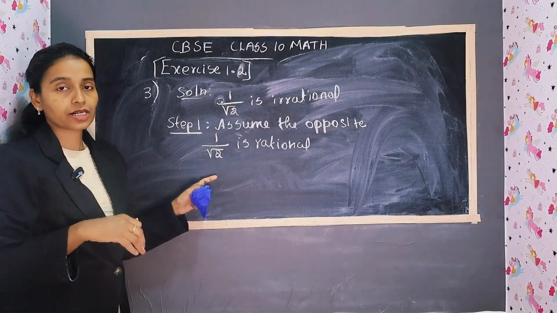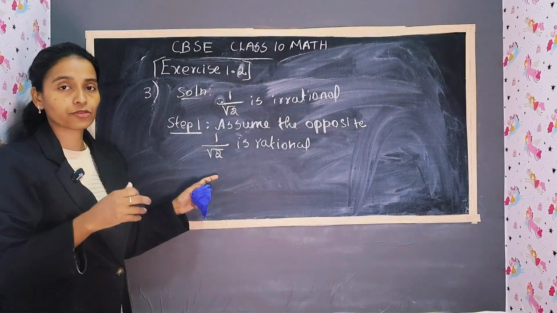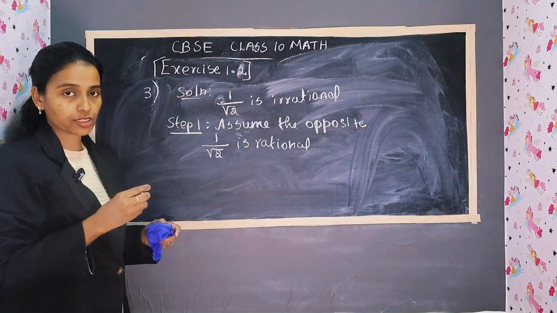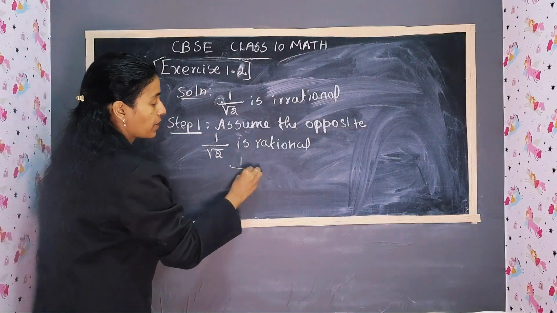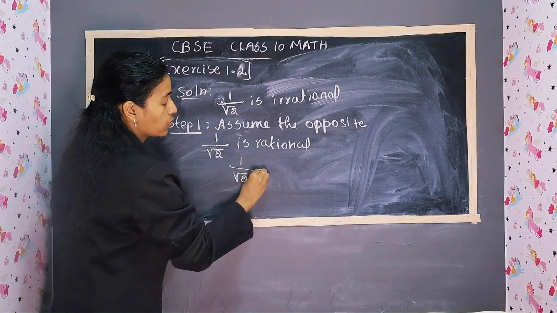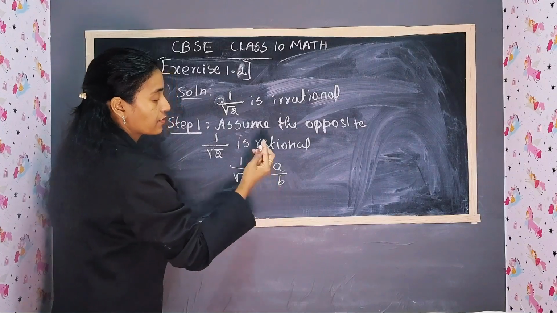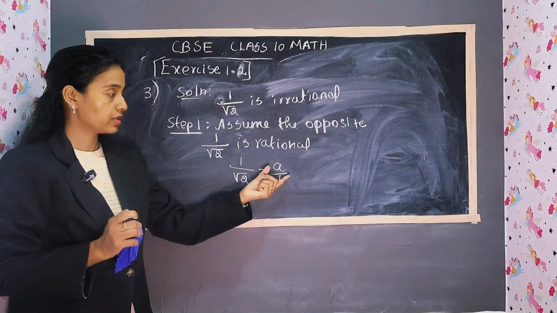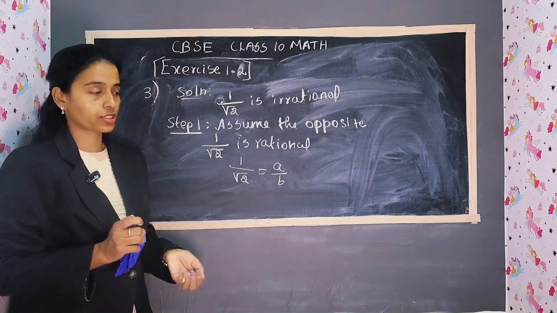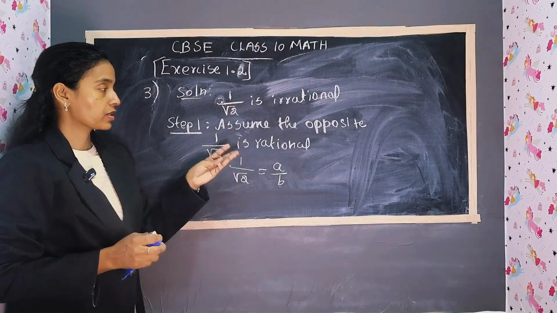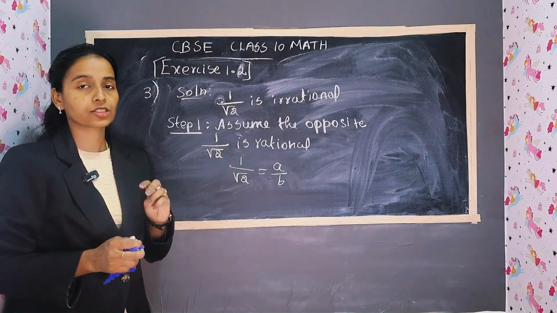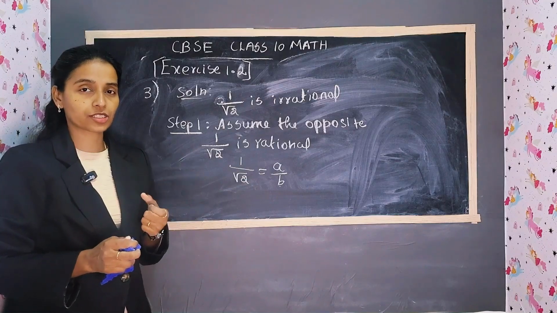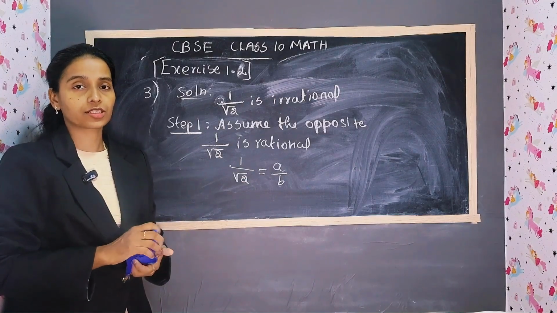We can write any rational number in the form of a fraction. So I can write 1 by square root of 2 equal to any fraction. You can take any letter; I am taking a by b. This is a type of fraction, right? If a particular number is rational, it should satisfy several conditions, and we have to write all of them.